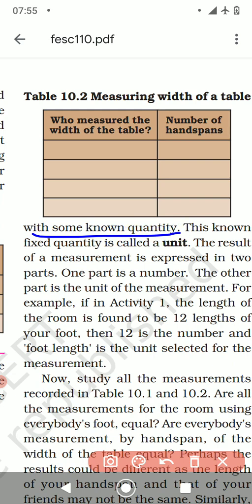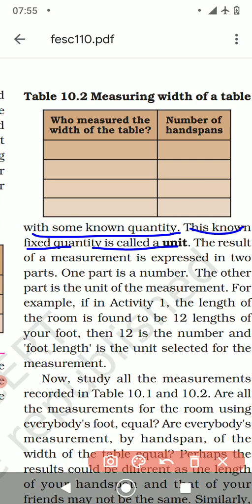This is important, and this known quantity is fixed. This known fixed quantity is called a unit.